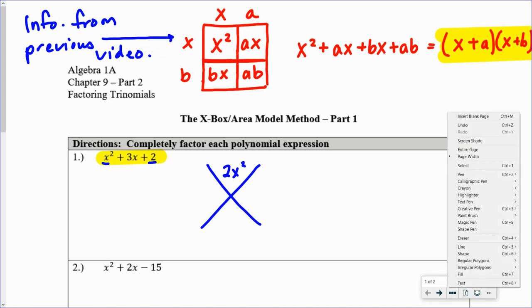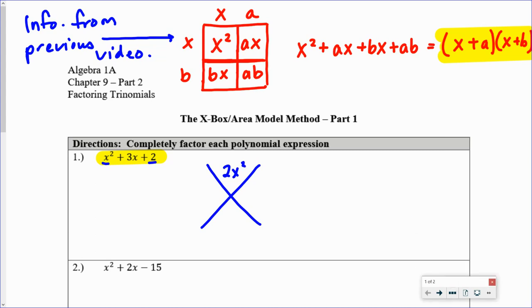So let me make a note for you that this number right here is the product of constant and quadratic terms. All right, I'm going to explain to you why you need to do this as we work our way through.